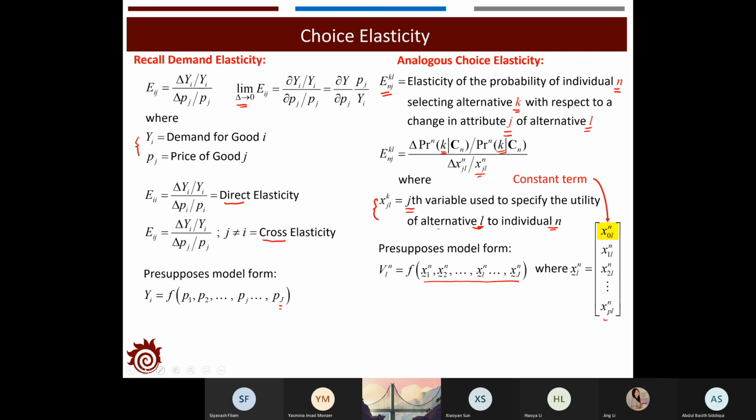The first one is usually set as the constant term. It will be 1 for some modes and 0 for the other types of modes. This one we discussed in the previous lecture.